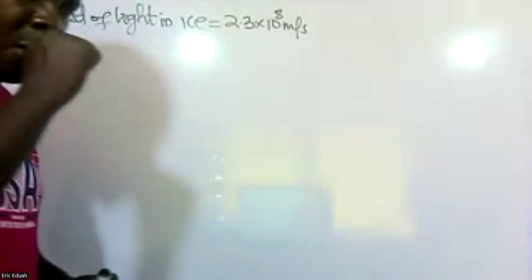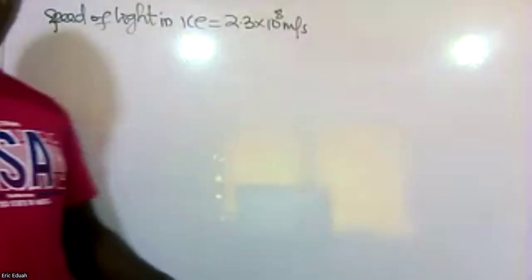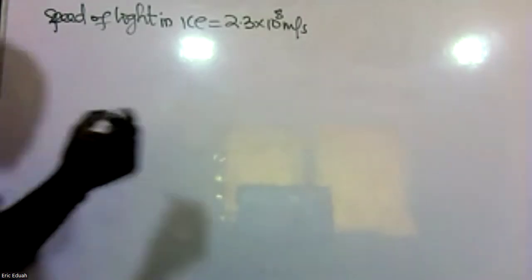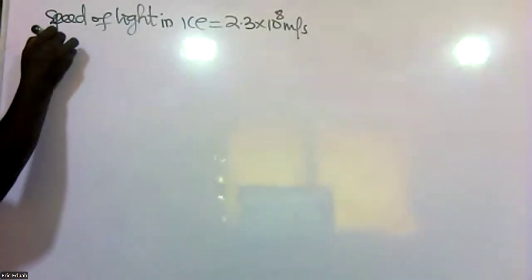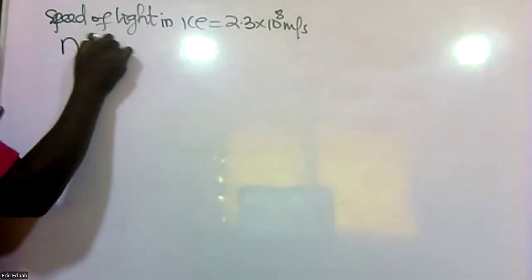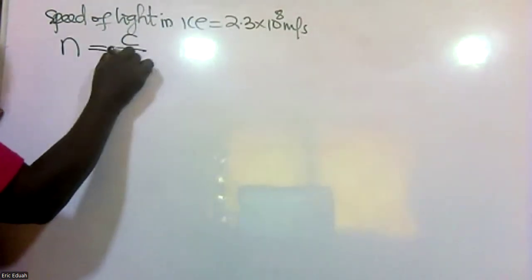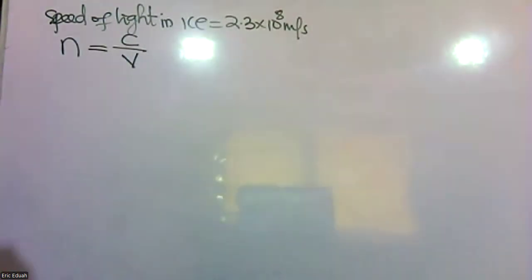This one is so simple because we learned that absolute refractive index is equal to the speed of light in air over the speed of light in a medium.